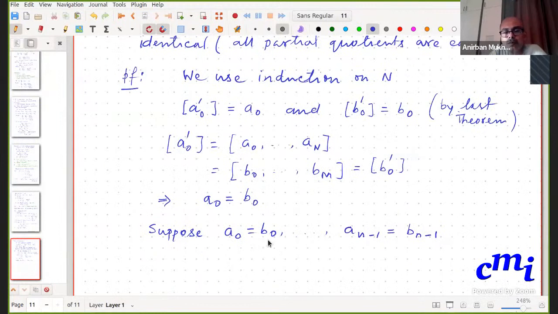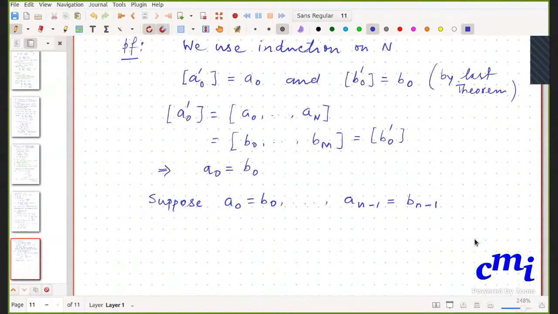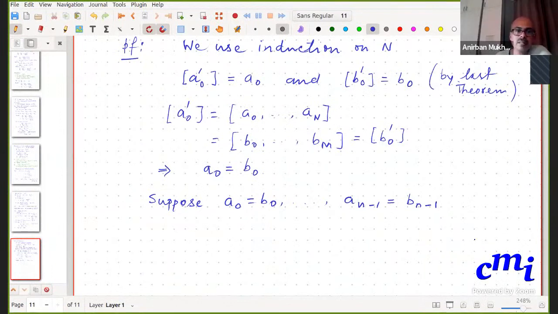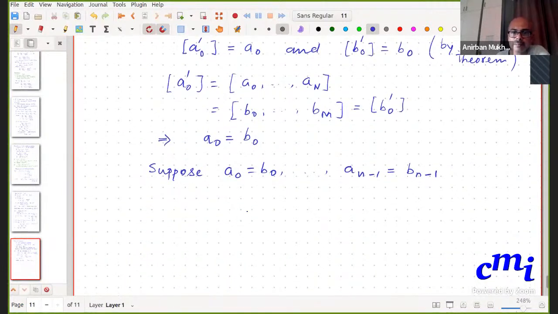I went from 0 to n minus 1, so n entries. So the 0th entry we have shown, and suppose this happens up to n minus 1, for n at least 1.